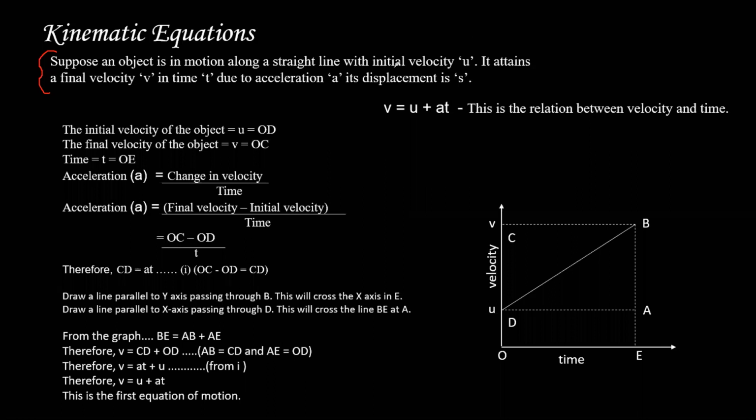So, people, look here. Basically, I have a car. Let's say the object is a car. It is in motion, moving in a straight line. Initially it had a velocity u. Then it attained a velocity of v, finally, in time t. Acceleration was a, displacement is s.